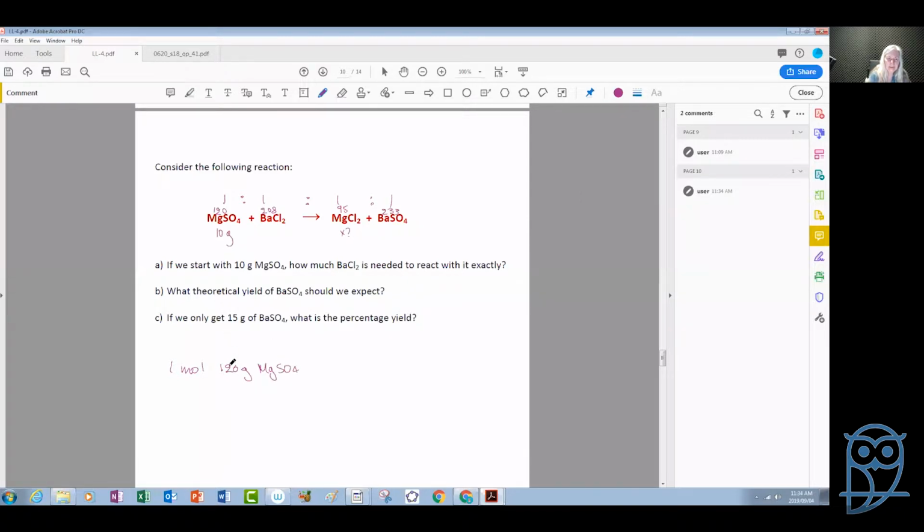Now that we have 10 grams of magnesium sulfate, how many moles is that? We take the ratio, and we find that the moles, in other words, the X, is 10 grams divided by 120 grams, and this will be moles.